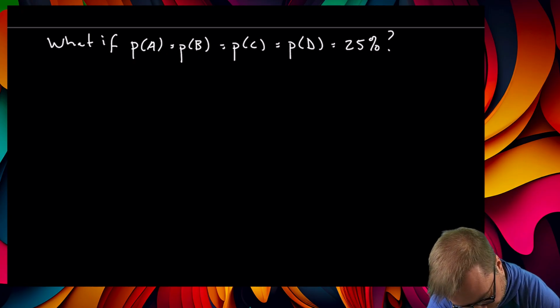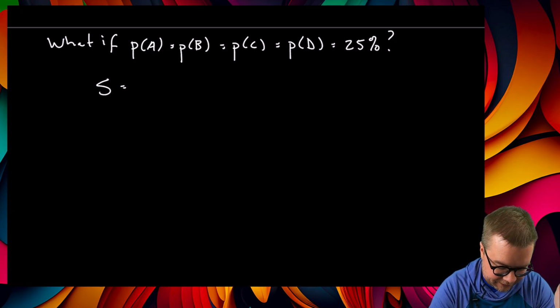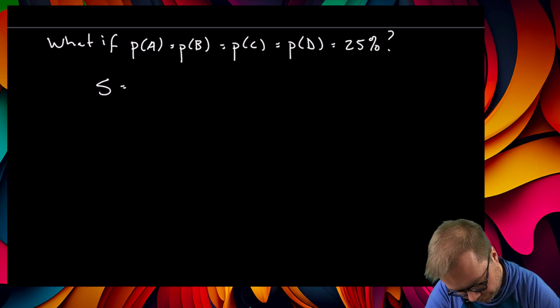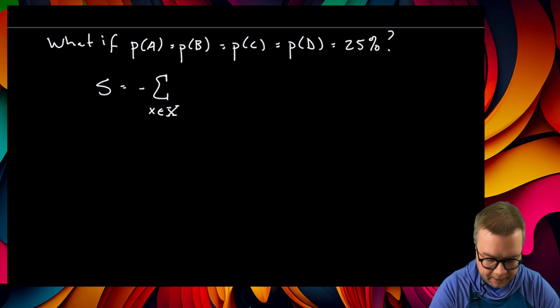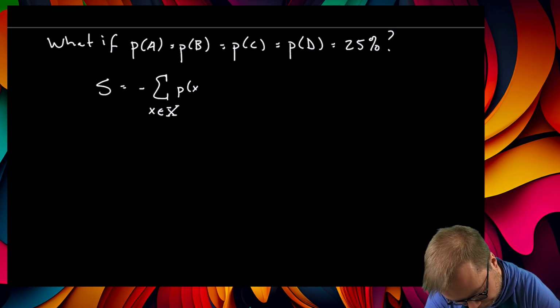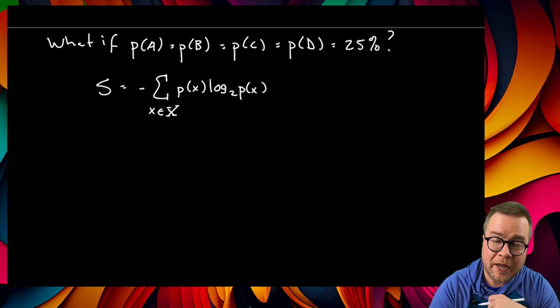And so in general, since they're all the same, I could write that value of S, which I'm going to call the entropy in a second. The value of this Shannon entropy would be, again, minus the summation of all of the possible letters that I've got in my set of letters, probability of that letter occurring multiplied by log base 2 of the probability of that letter occurring. Now, these are all the same.